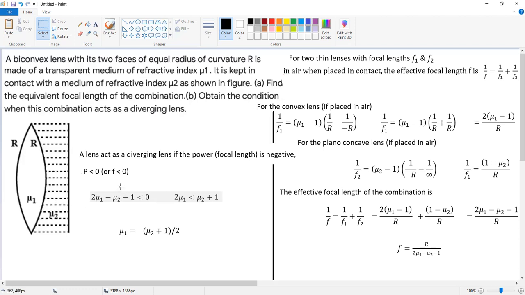Similar to this, you can find the condition for the lens to act as a converging lens.